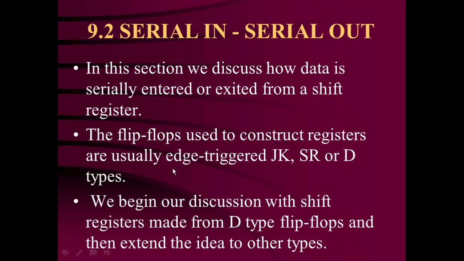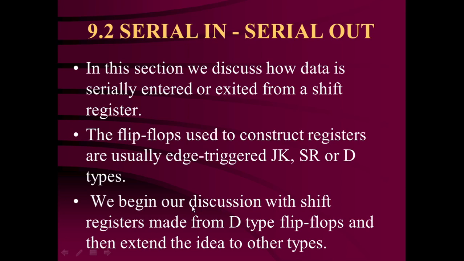So we can utilize an RS flip-flop, a JK flip-flop, or a D flip-flop. Edge-triggered D, edge-triggered RS or edge-triggered JK flip-flops can be utilized to construct a serial in serial out shift register or any type of register.